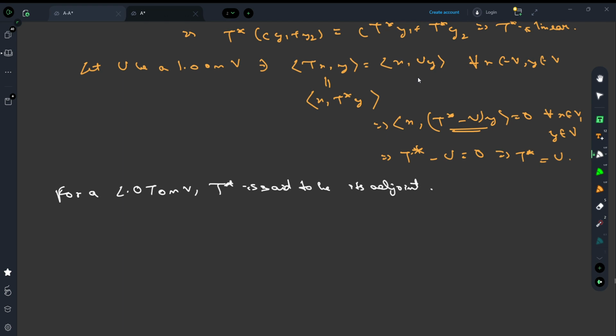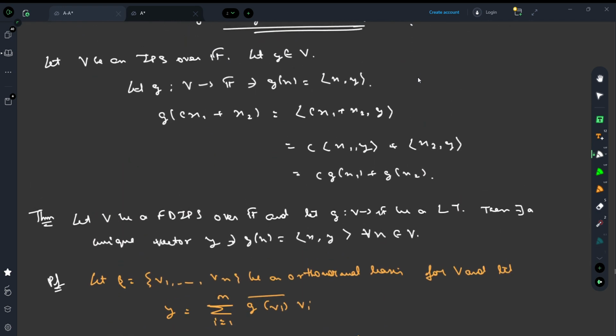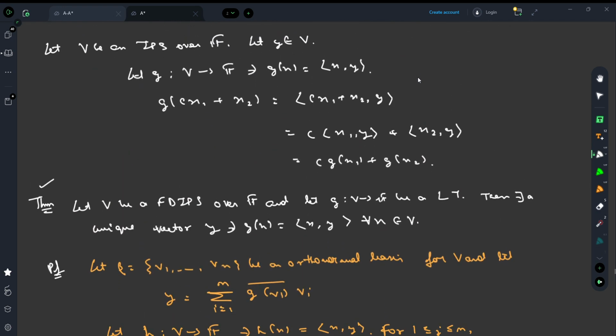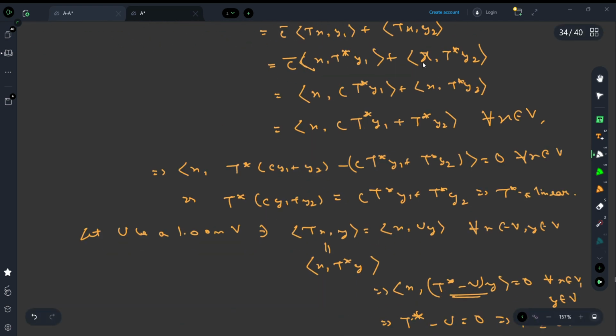Now the question which should obviously arise is that the proof of the existence of T* was primarily dependent on the fact which we proved in the first theorem of this lecture, after the rigorous proof of the orthogonal complement. I do not give numbers to the theorems, and hence I often get confused. Yes, I'm talking about this theorem.